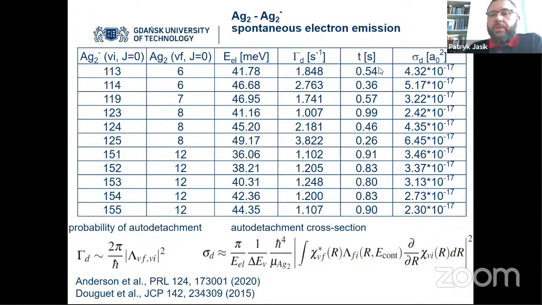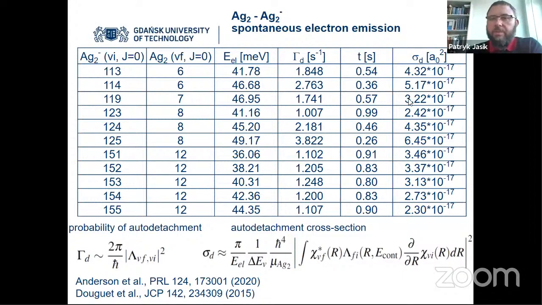And you can see that the lifetimes are quite large. So it is seconds, and of course we observed that sometimes this process could take hours, because of the weak couplings between these potentials.